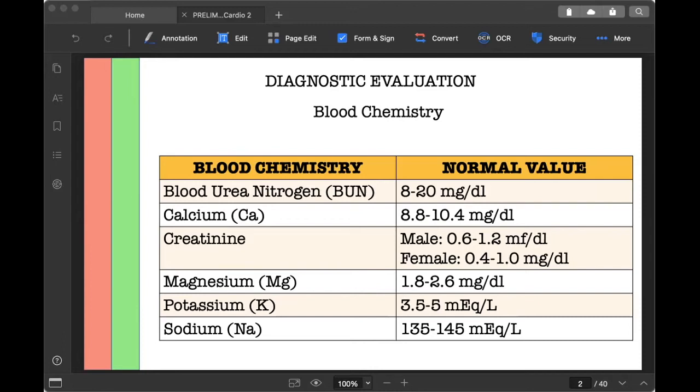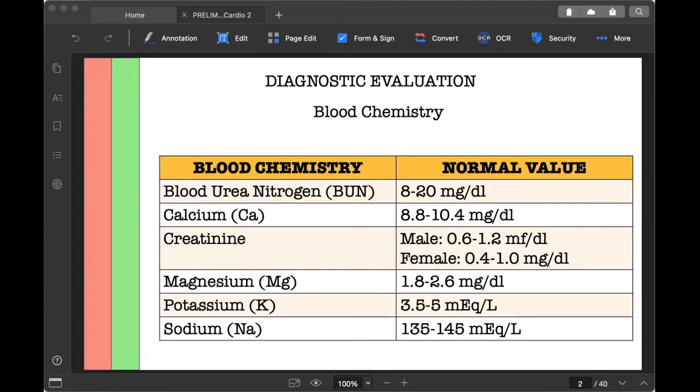If the patient experiences hypermagnesemia, it depresses the contractility as well as the excitability, terms we've already mentioned in the previous session, which can lead to heart block and finally to asystole.